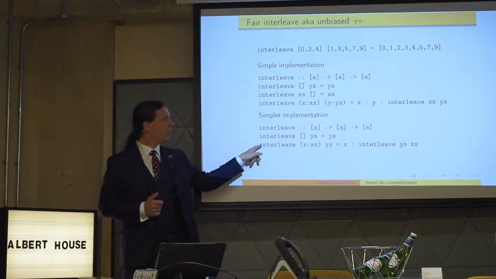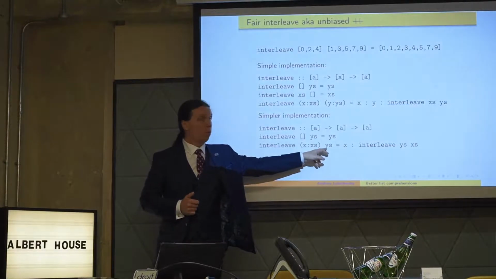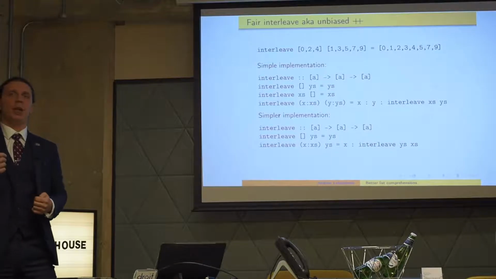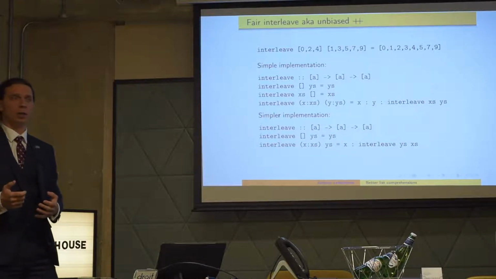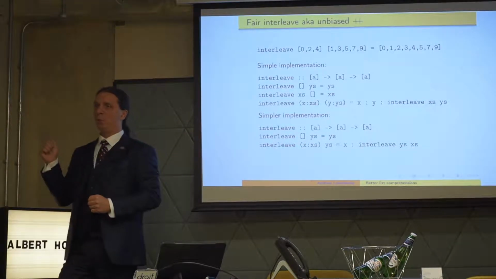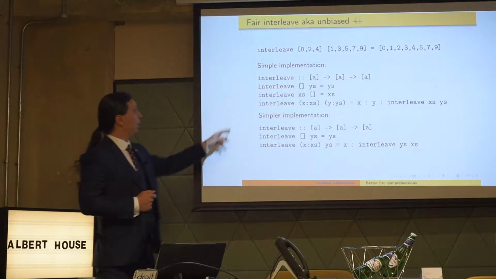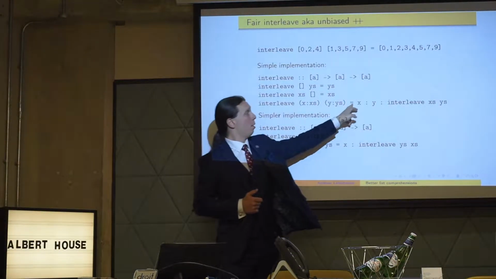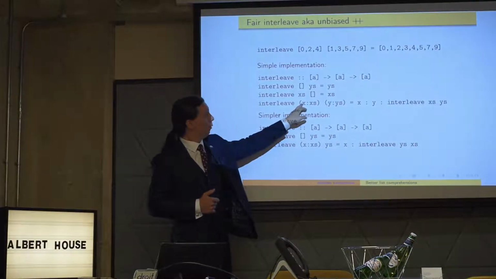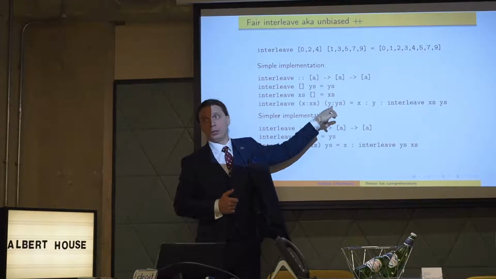Why is this implementation better? Because it's more lazy. If the list of ys is some values which take a lot of time to compute, but the xs are something which you can compute fast, or maybe it's already given, the previous implementation, before it returns anything, will force evaluation of the first argument and evaluation of the second argument.